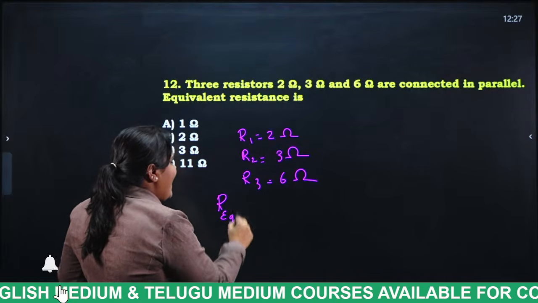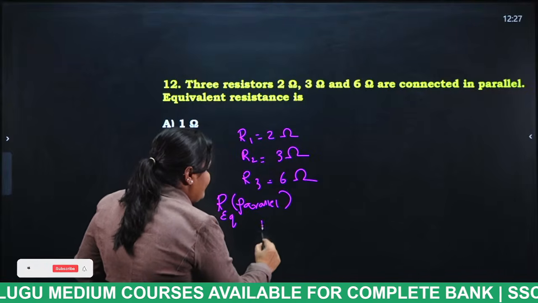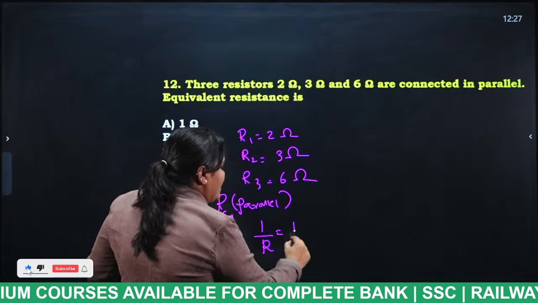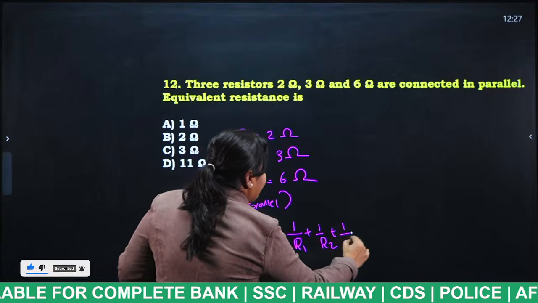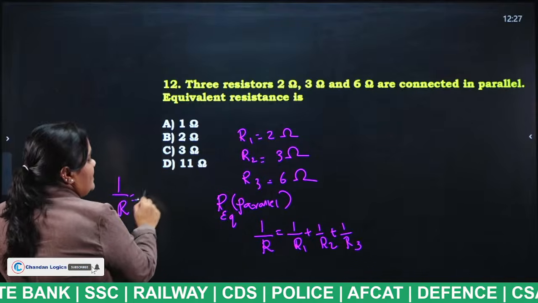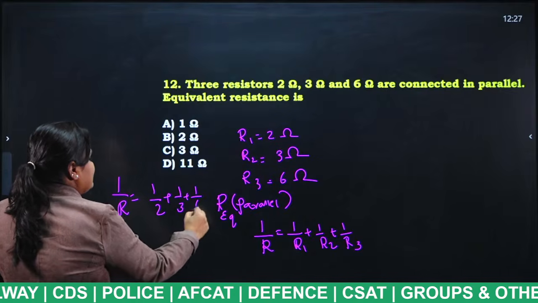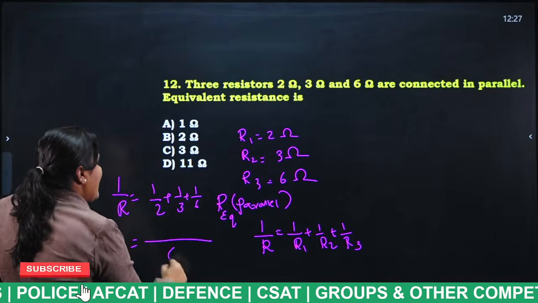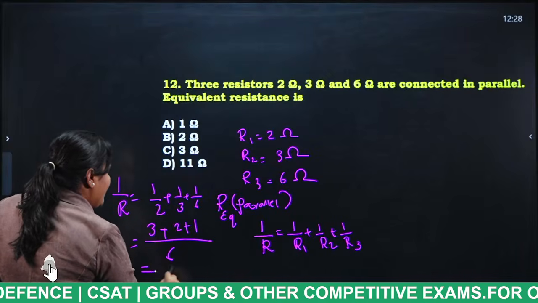For the equivalent parallel connection, what is going to be the formula, students? 1 by R is equal to 1 by R1 plus 1 by R2 plus 1 by R3. Finally we will get 1 by R is equal to 1 by 2 plus 1 by 3 plus 1 by 6. The LCM is 6, so here it is 3, here it is 2 and here it is 1, and finally you are getting 1.